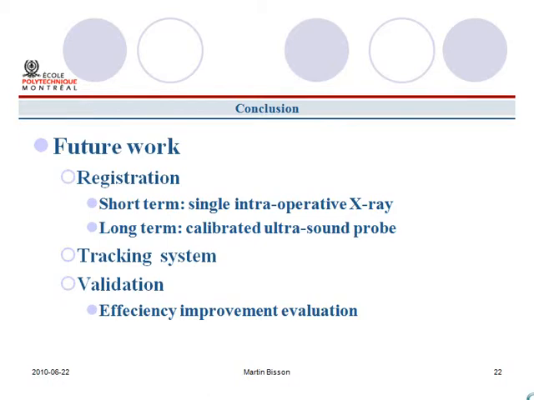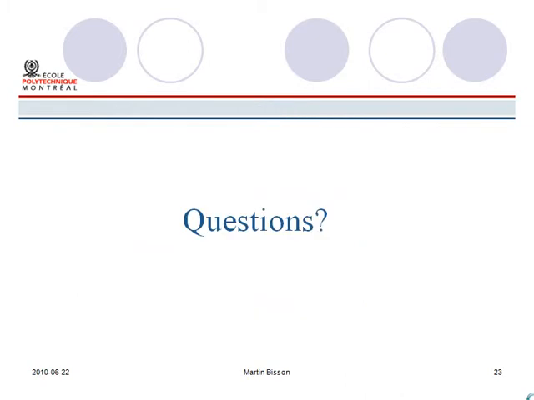And there's also validation that needs to be done. We need to evaluate the efficiency improvement that results from the use of our system to perform different surgical tasks. So that's it for me. Do you have any questions?